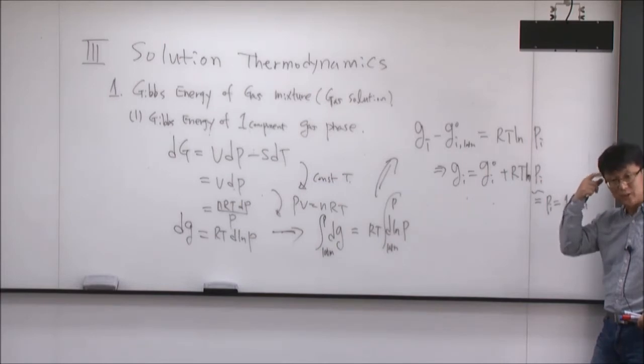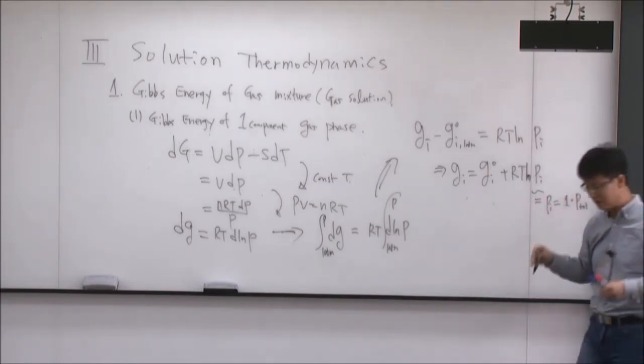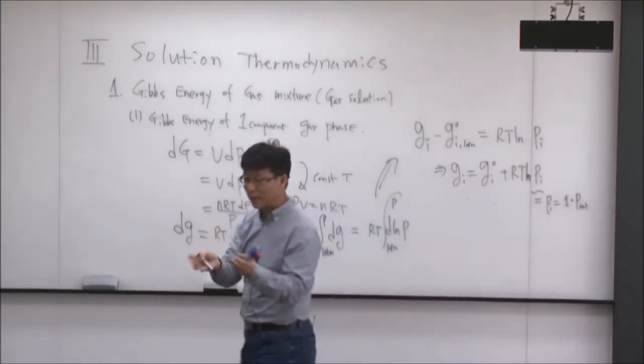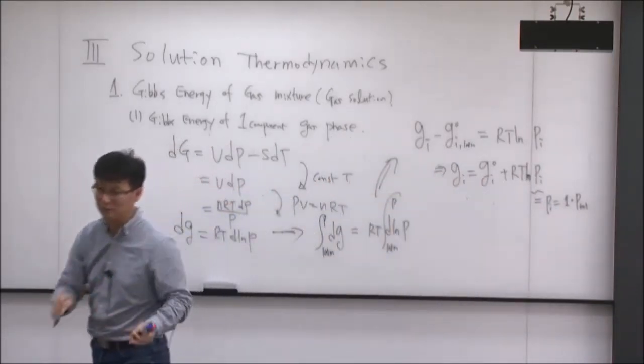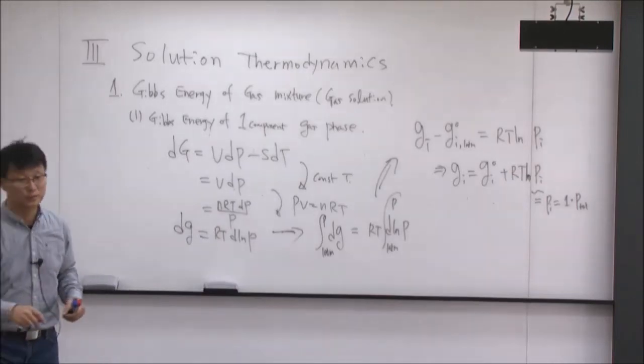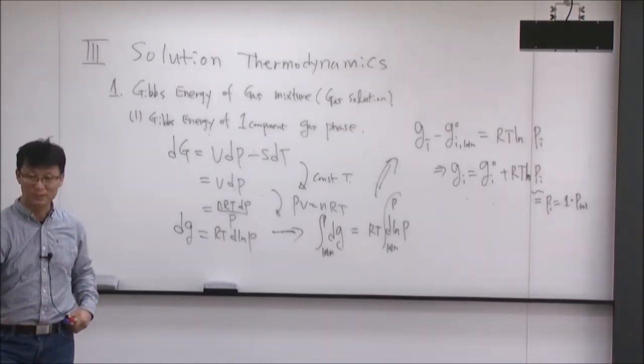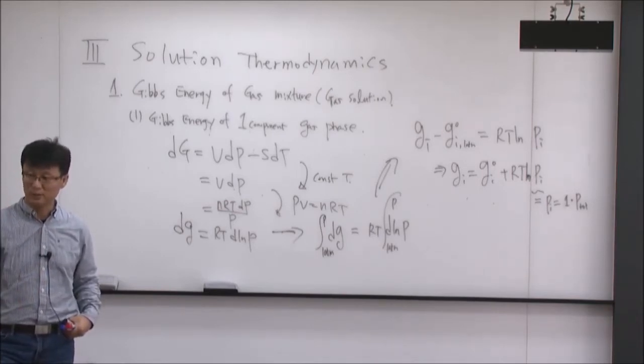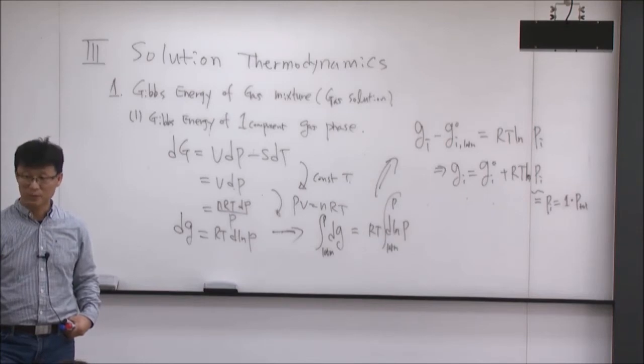So this can be easily understood. Conceptually, it's a little bit difficult to understand just pure nitrogen with increasing or decreasing pressure. But let's think in this way. I have water in the system, and I have pure H2 gas in the system. If I decrease the pressure, what will happen?